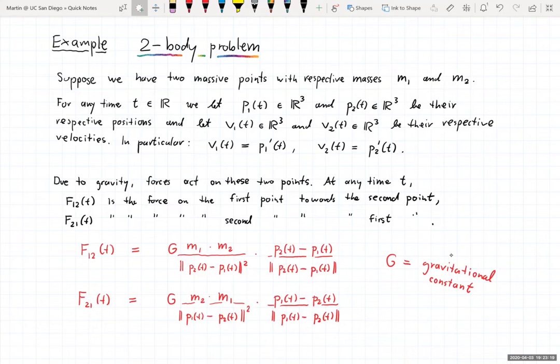And conversely, f21 of t is given by a scalar which denotes the magnitude, and that scalar is multiplied by the unit vector pointing from particle 2 to particle 1.